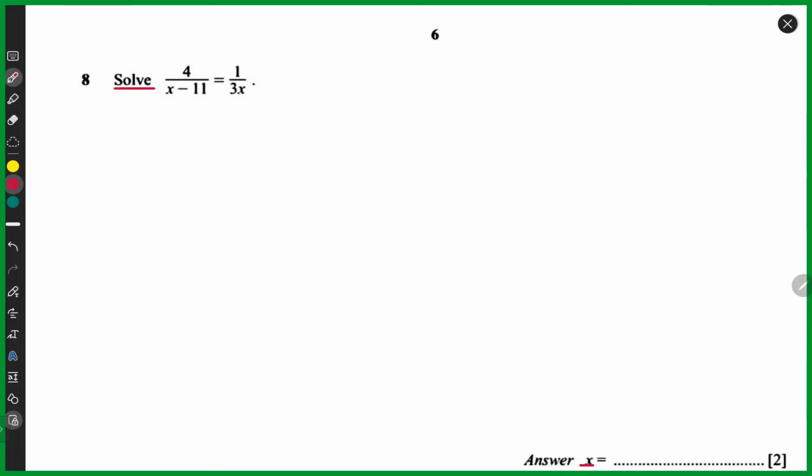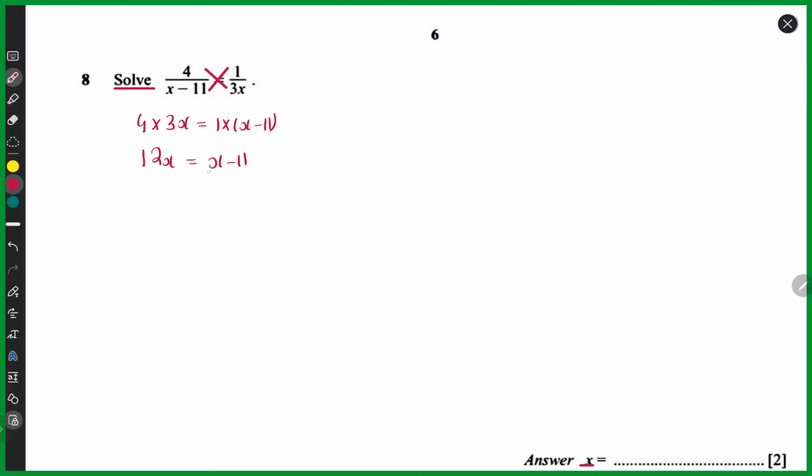So I am going to cross multiply at this point. 4 multiplied by 3x is equal to 1 multiplied by x minus 11. 4 multiplied by 3x would give me 12x. And then we would have x minus 11. I need to keep x on one side and separate the other number on the other side.